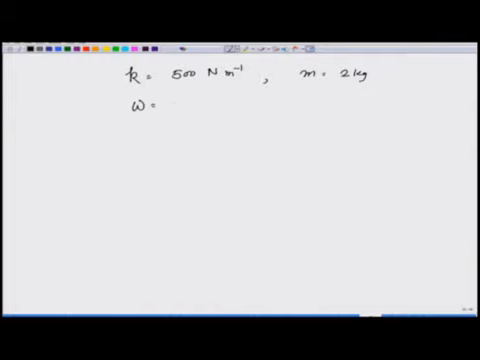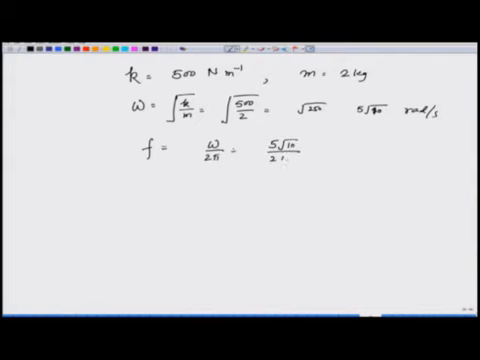So, the angular frequency omega is nothing but square root of k over m, which is square root of 500 over 2, which is square root of 250, and that is going to be 5 square root of 10 radians per second, or if the frequency is needed, omega over 2 pi, that is going to be 5 square root of 10 divided by 2 pi, which is 2.5 square root of 10 over pi hertz or per second. That is the frequency.